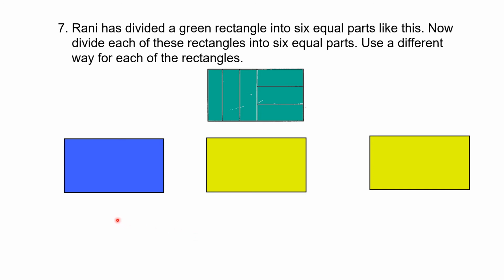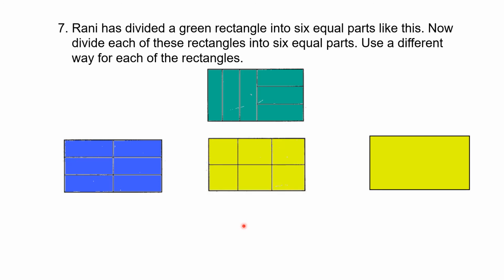Let us divide the blue rectangle into 6 equal parts. Now the blue rectangle is divided into 6 equal parts. Let us divide the yellow rectangle into 6 equal parts. The yellow rectangle is divided into 6 equal parts. Let us see the last rectangle.